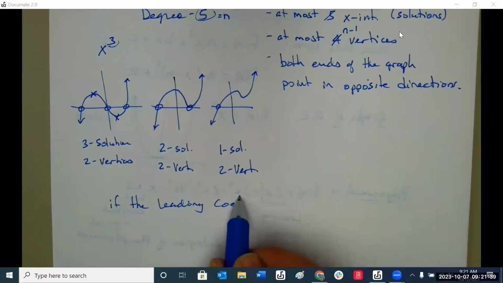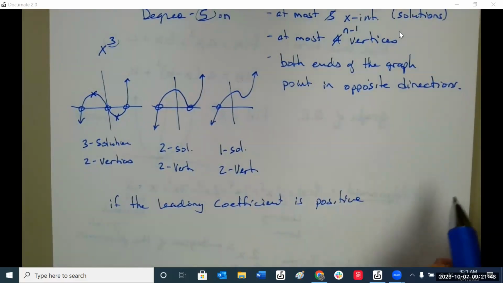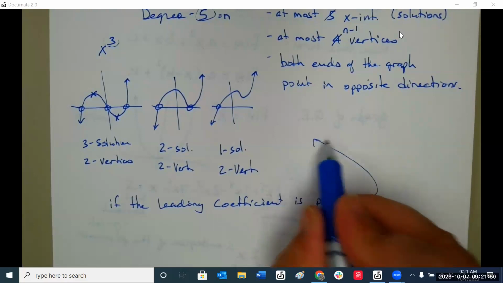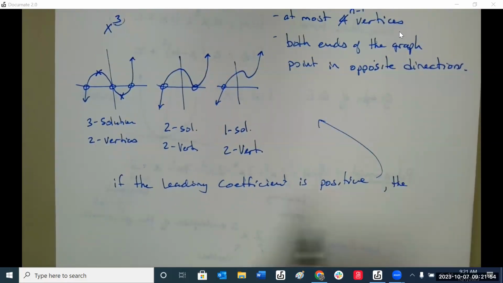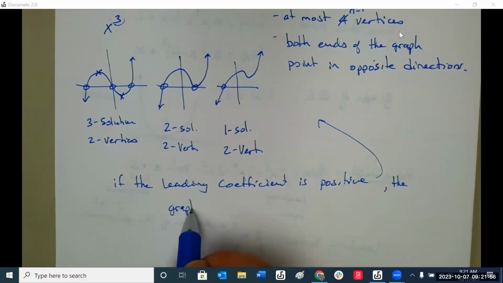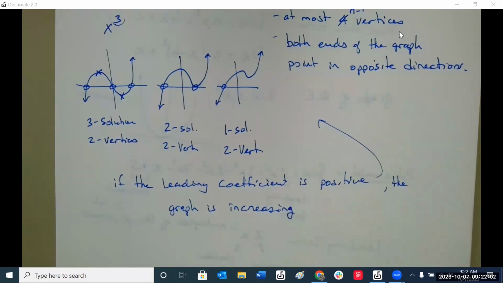If the leading coefficient is positive, it looks like this. The graph is increasing. What that means is as x goes to infinity, the graph is pointing up.